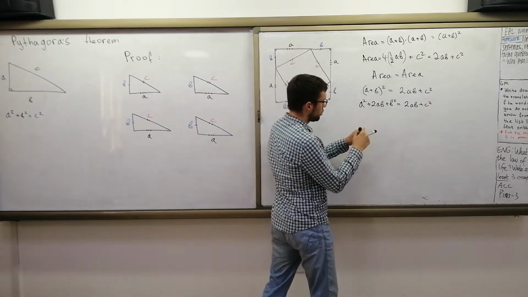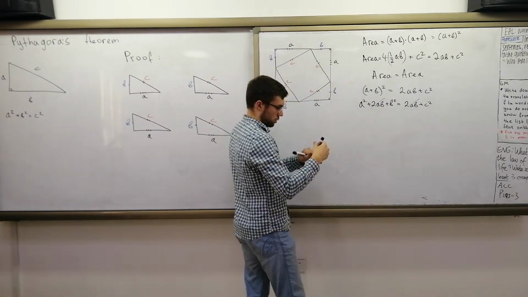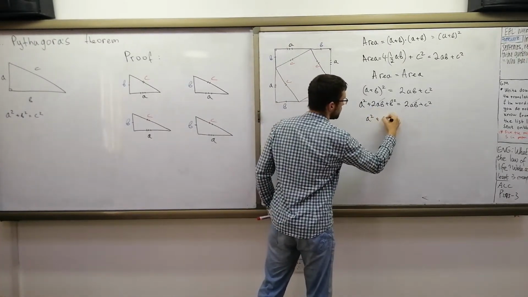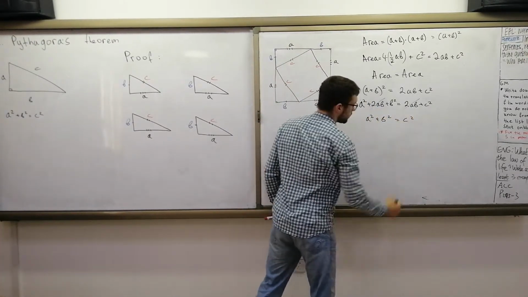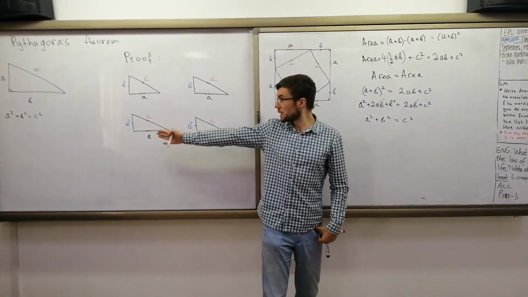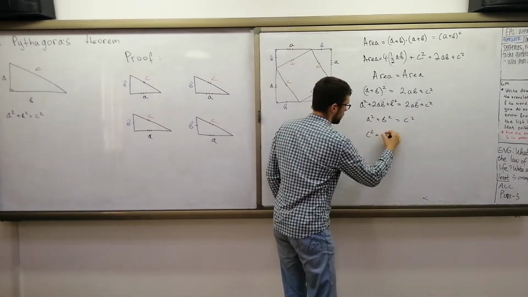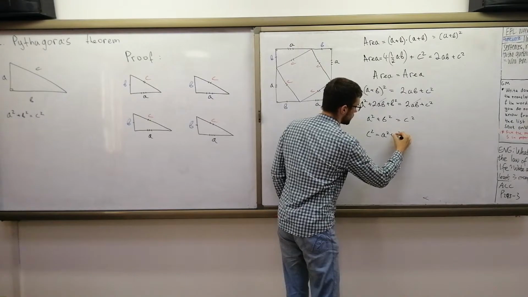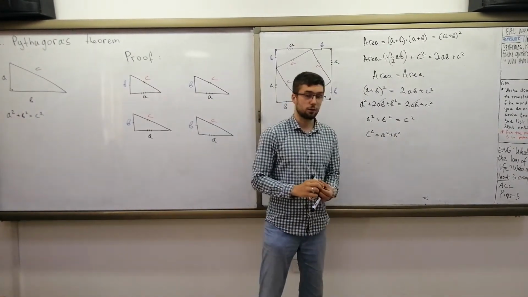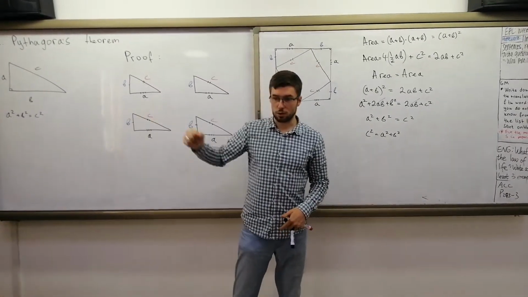So as you see, those terms cancel each other out, and all I'm left with is A squared plus B squared equals C squared, right? So basically that's my expression here. C squared equals A squared plus B squared, right? Same. So that's my Pythagoras theorem. That's a very elegant, fast way to prove why this one is true.